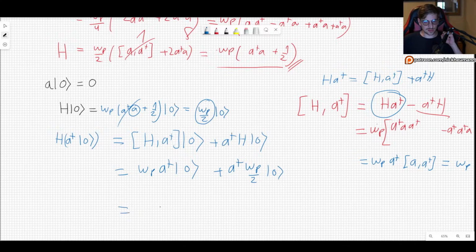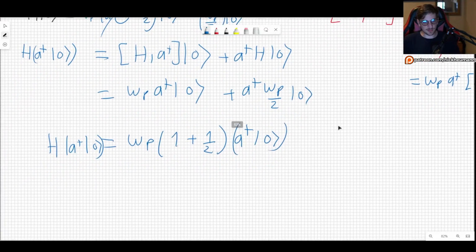So we can factor out some things here. We have ωP (1 + 1/2) acting on the first excited state. So here we can see that the Hamiltonian acting on the first excited state is simply this thing right here.